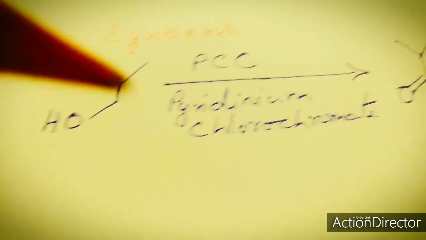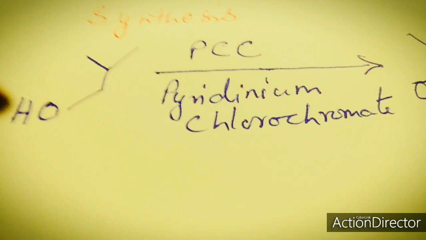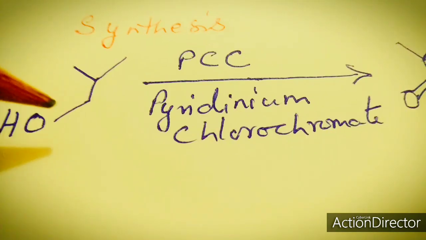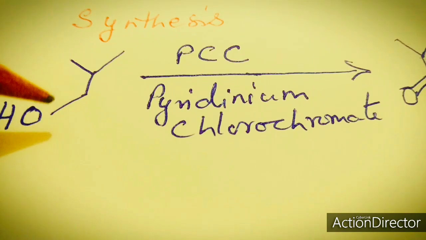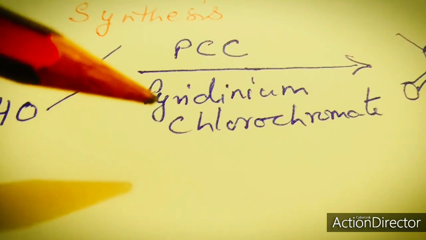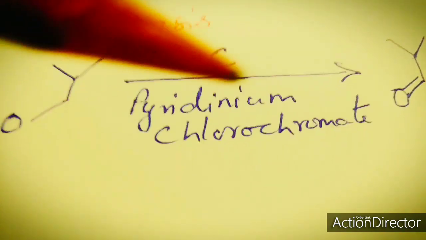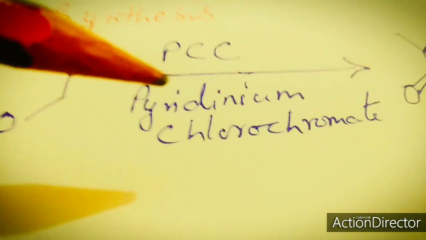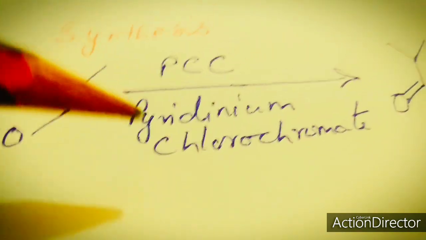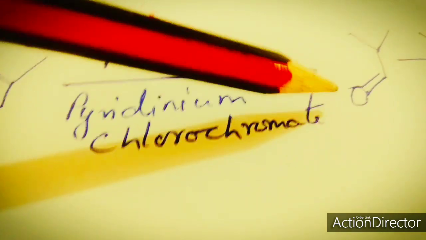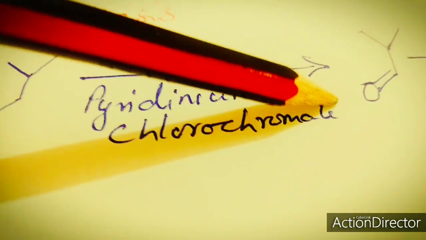Coming to the synthesis, this is the synthesis, this alcohol, in the presence of pyridinium chlorochromate, PCC. PCC is milder than chromic acid. So it will give oxidation to one level only, not to the acid.